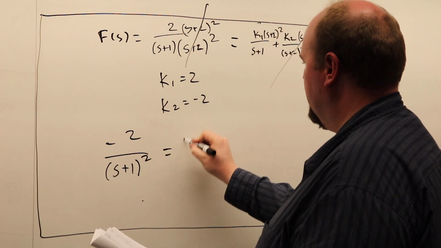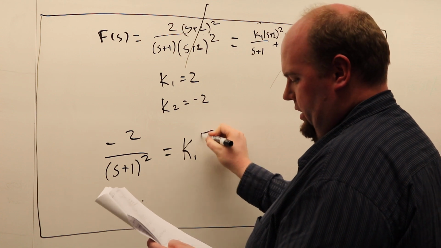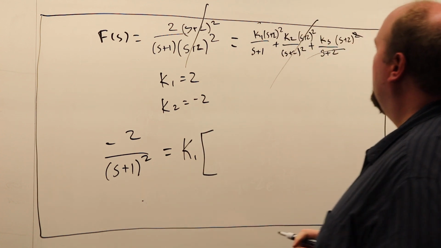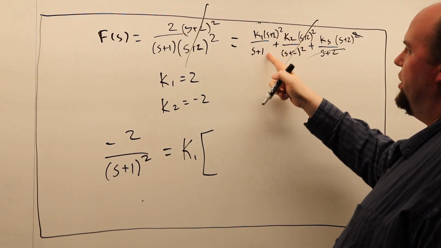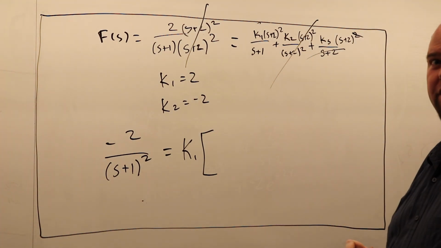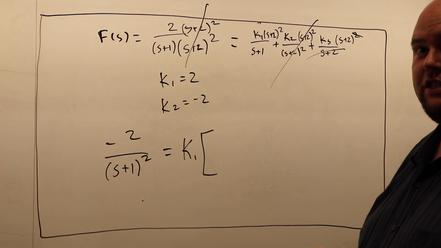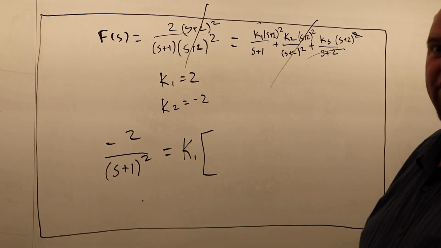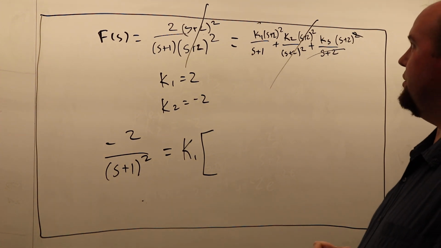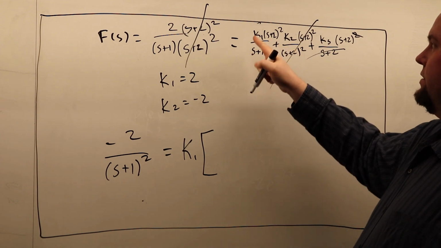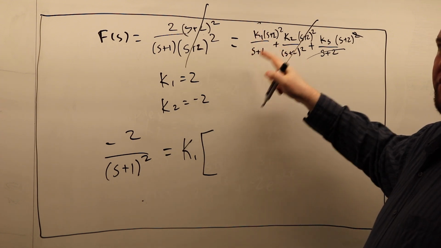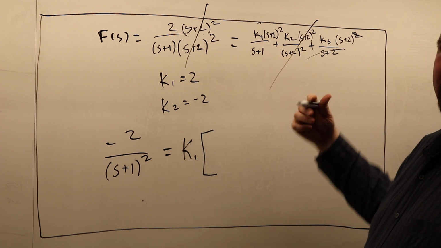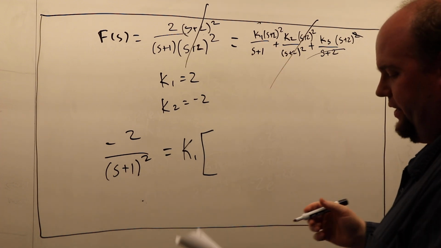And this is going to equal k1 times, so for the k1 term, we have 2 functions of s here. So if you take the derivative of the product of 2 functions, you have to do one function times the derivative of the other plus the derivative of one function times the other. So you got to do, I forget the name of that one, but you got to do that process.